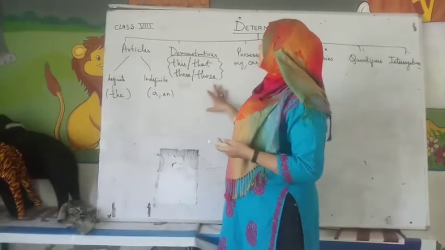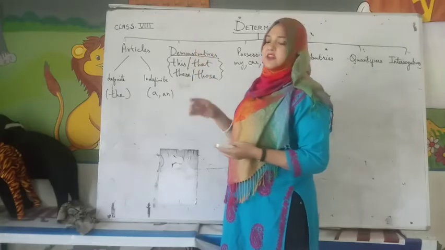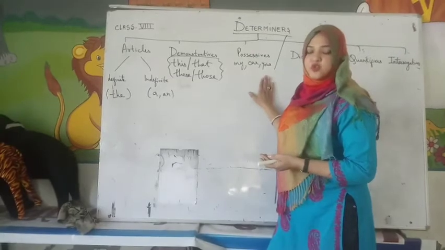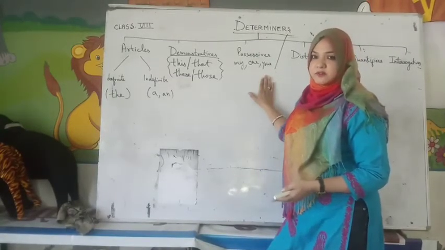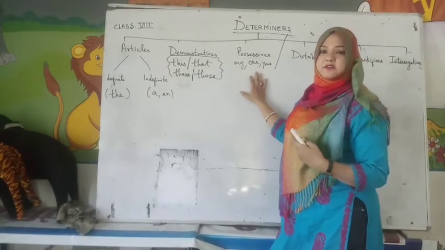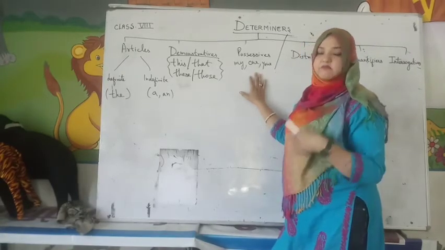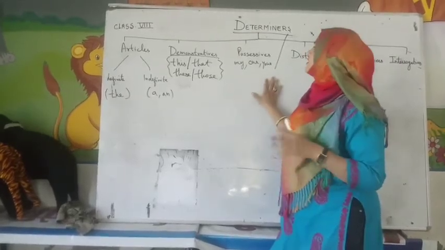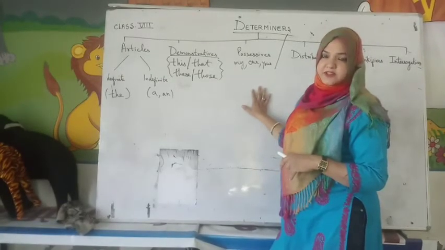Then you have demonstratives. Demonstrative means to show. So this, that, these, those, always these 4 come under demonstratives. Possessive shows possession, belonging, ownership. So here it is my book, our class, your school, right? And her, his, its, their, all these come under possessives.